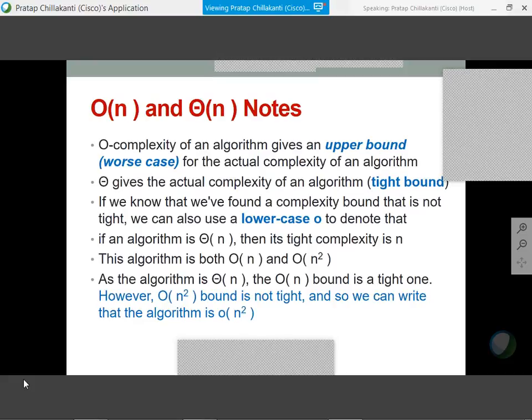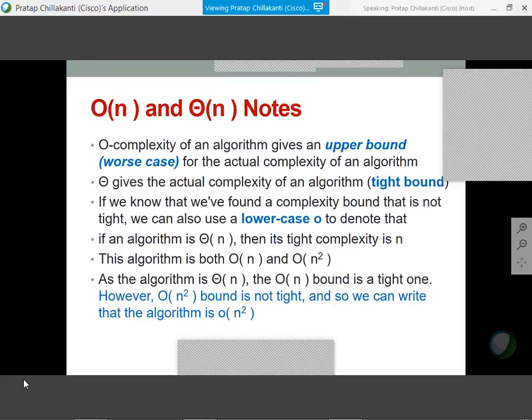Now in a test though, when they ask you whether it's a big O or a small o, you have to be careful. If they say this is not a tight bound, that should trigger a thought in your mind: hey, there should be a small o. If it is Theta(n), then obviously the tight complexity is n.